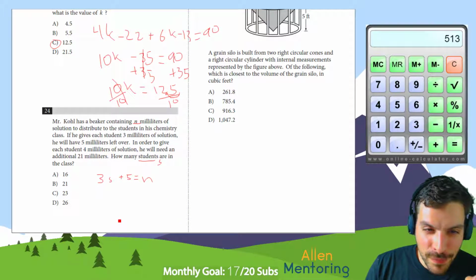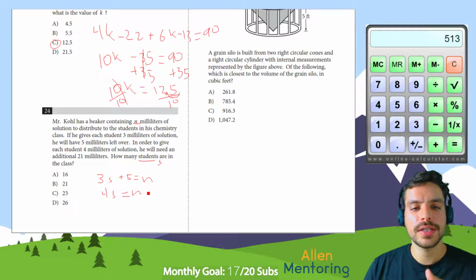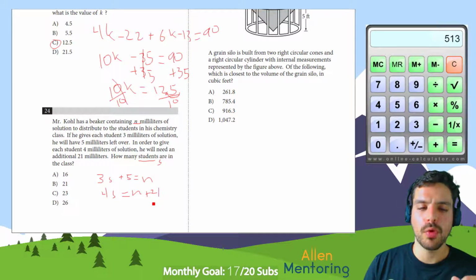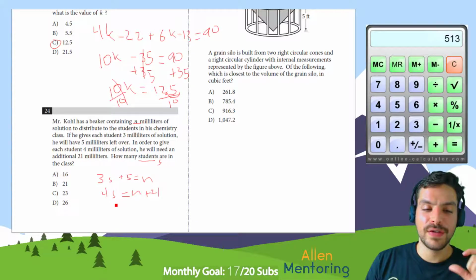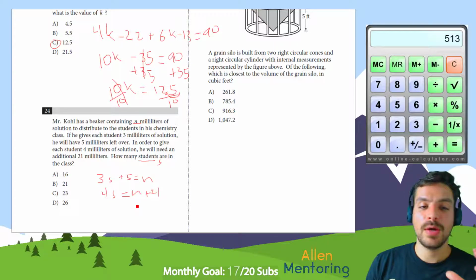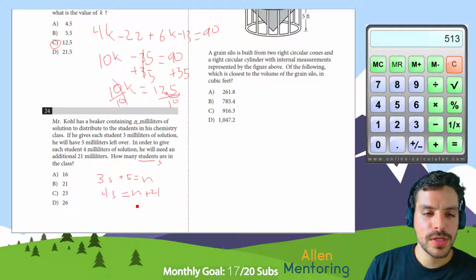In order to give 4 milliliters of solution, if he gives 4s, he will need whatever is in the beaker plus 21 milliliters more. So in the first case, he had 5 left over, and that equals whatever's in the beaker. And then if he gives 4, he'll have to take whatever's in the beaker plus 21 to supply everybody. So these are our two equations.